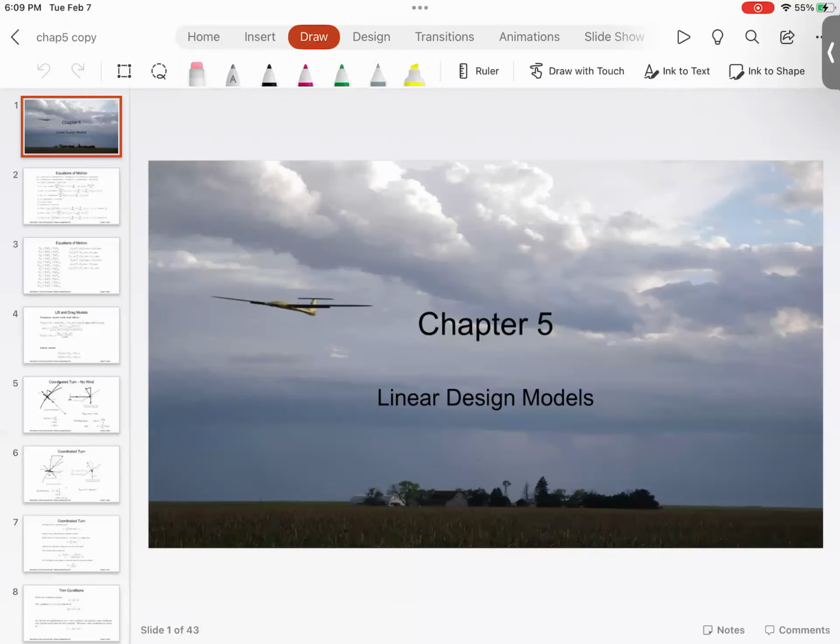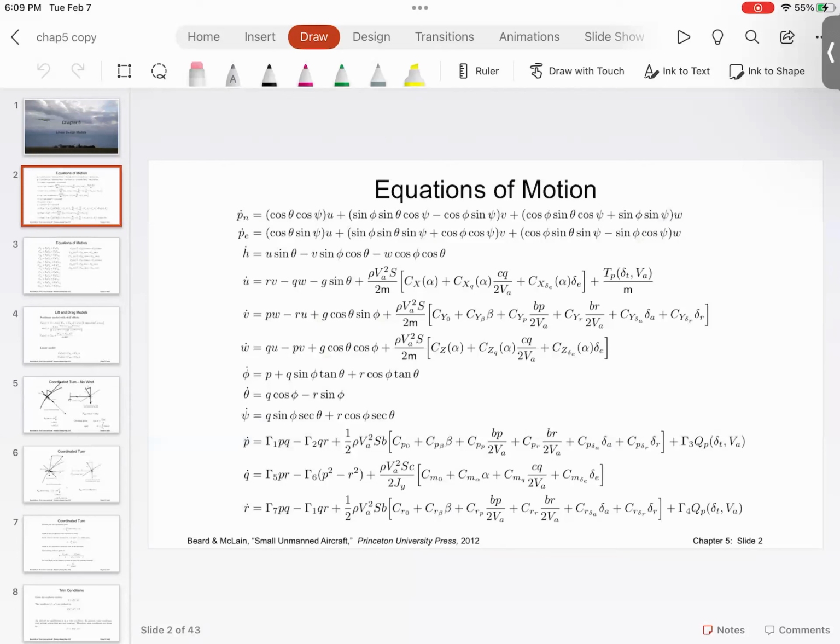Sometimes what you do is you change the speed of the prop. That changes the thrust on the aircraft, and you control the aircraft motion. As you know, those equations are very complex and very nonlinear.